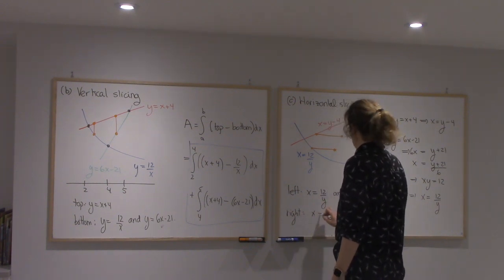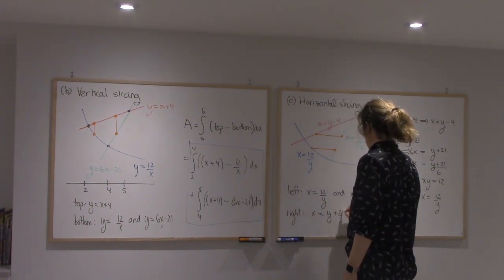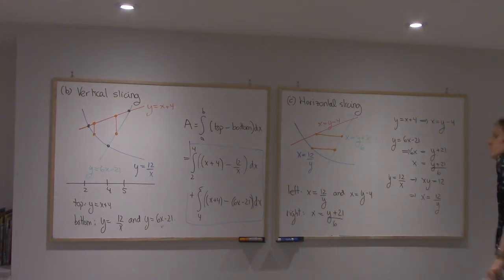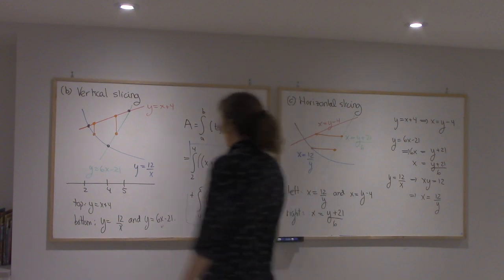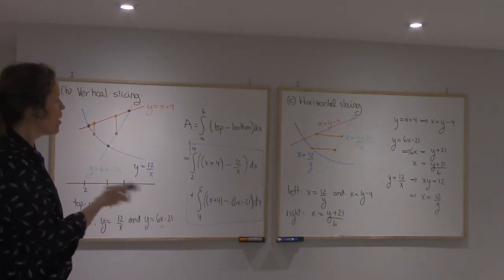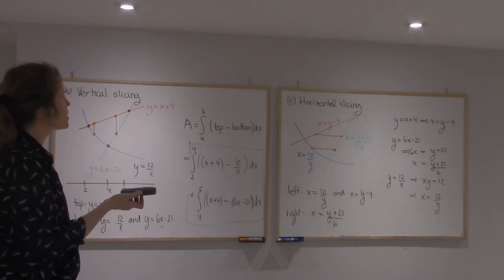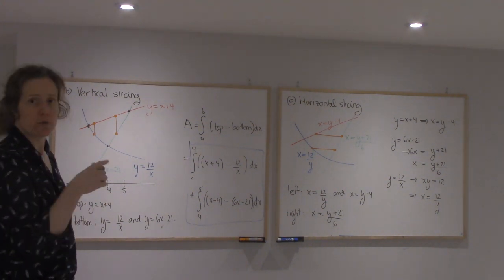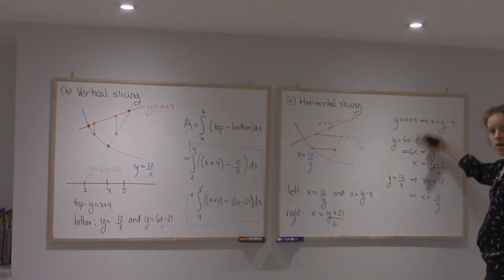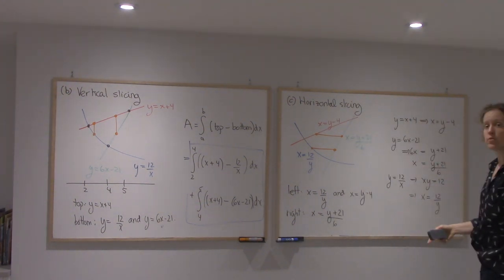Right is not going to change, so y plus 21 divided by 6. So in both cases, we needed two integrals. So in this case, both are perfectly fine solutions. The first one would be a tiny bit faster because I wouldn't have to do this work here of solving for y.